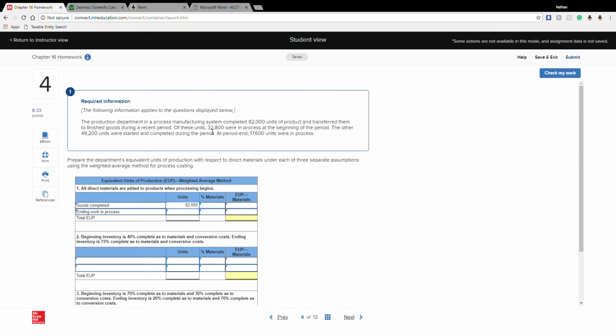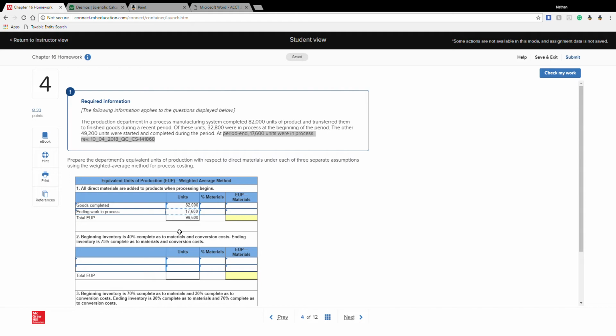And of these 3 units, it brings up beginning, which we're not using. The other is using 49,000 that was started and completed. We don't care. And then we find period ending. There we go. There's our numbers. Okay, so we finish out with 99,600 units. Yay!